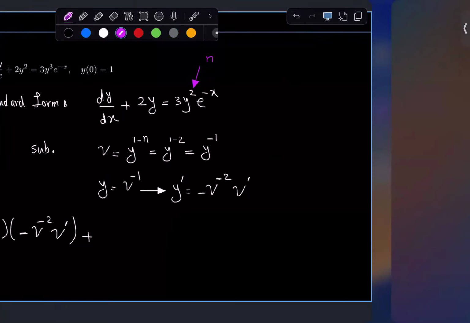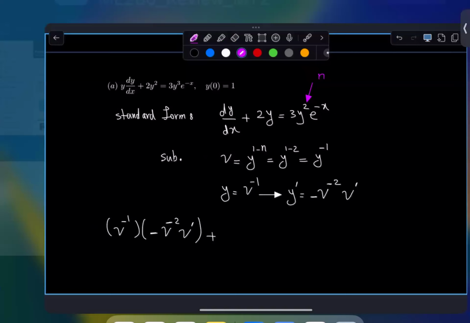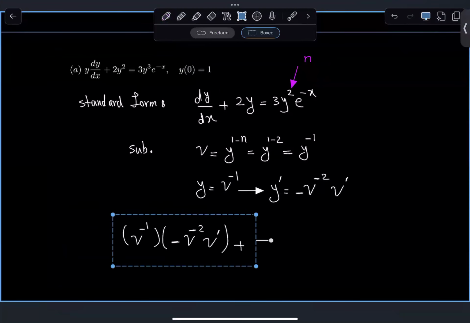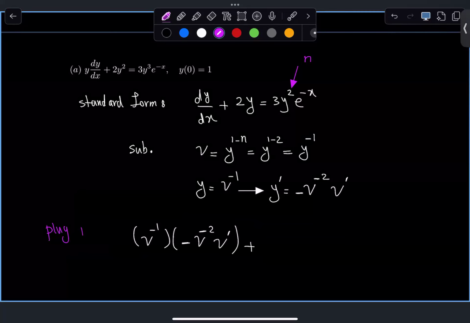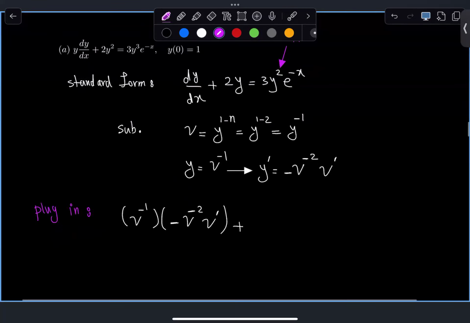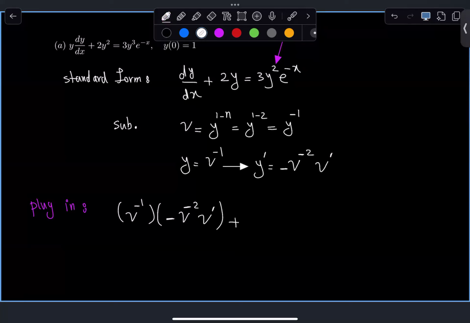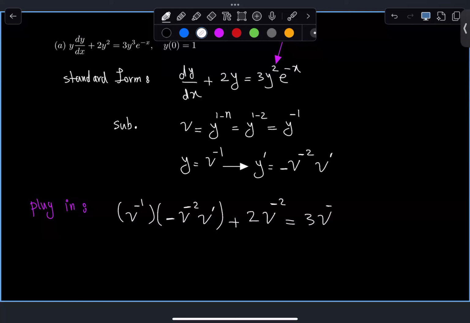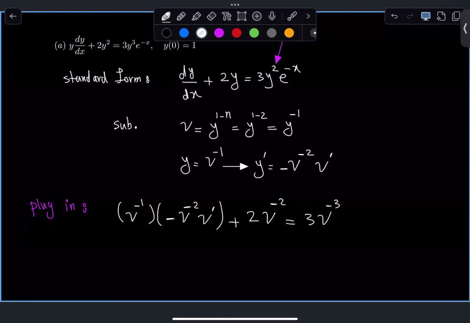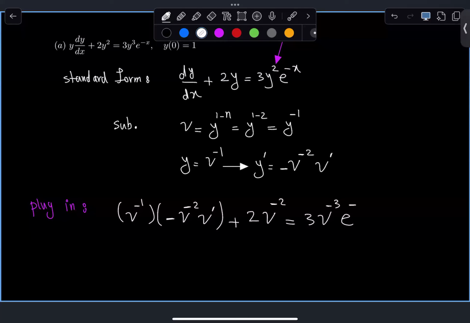Plus, here we're just plugging in, 2 times y squared, v to the negative 1 squared, equals 3 y cubed, so v to the negative 3, e to the negative x.